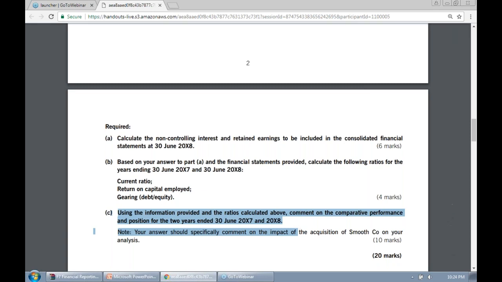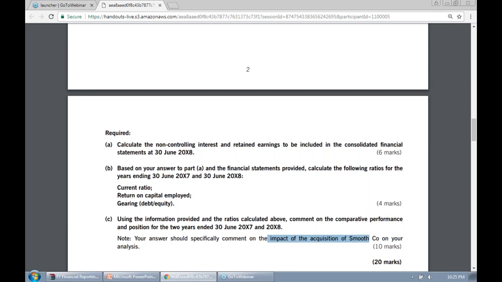Now, your answer should specifically comment on the impact of the acquisition. The examiner is so kind to the student that he has already mentioned that you should incorporate the impact of the acquisition of Smooth Company. So this is actually the hint for this question.